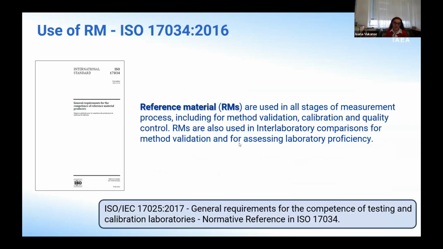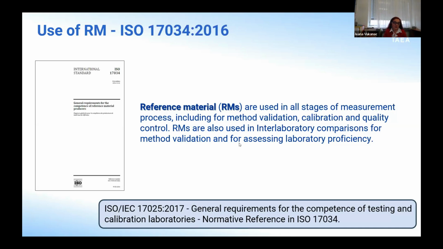For the usage of reference material, ISO 17034 says that reference materials are used in all stages of measurement process, including for method validation, calibration, and quality control. Reference materials are also used in interlaboratory comparisons for method validation and for assessing laboratory proficiency.